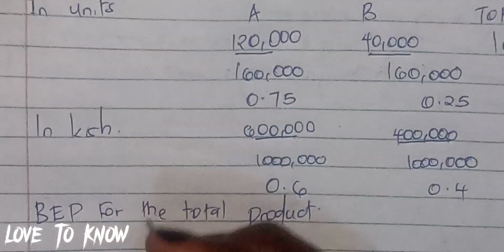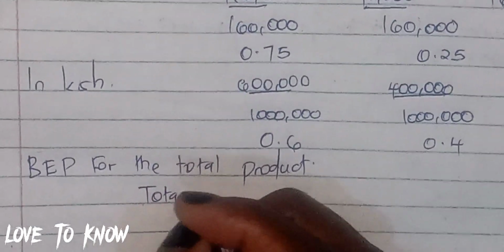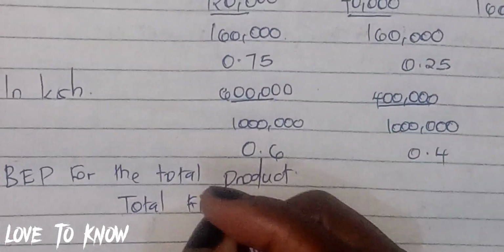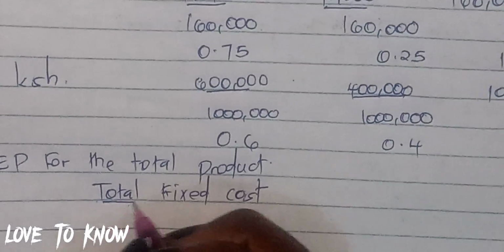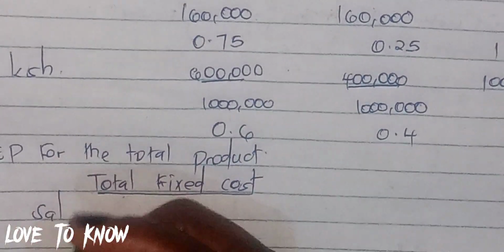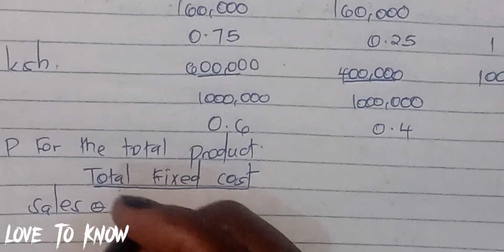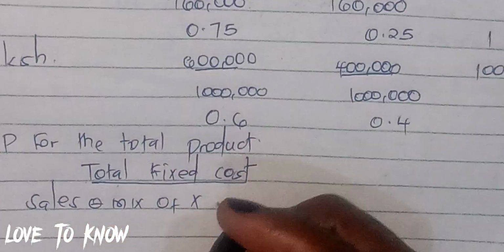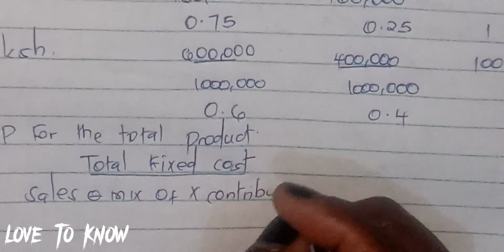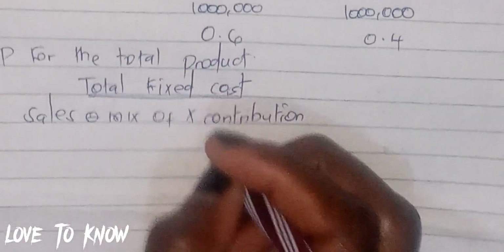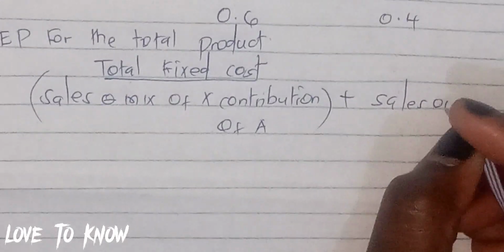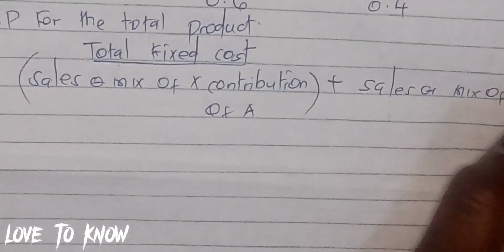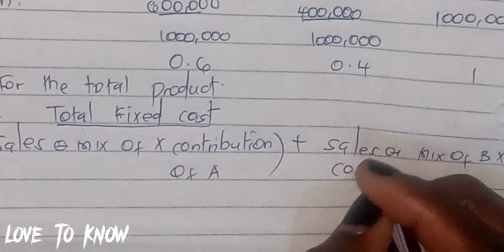And the formula for this is the total fixed cost divided by the sales mix of A multiplied by the contribution of A. Close the bracket. You add it to the sales mix of B multiplied by the contribution of B.